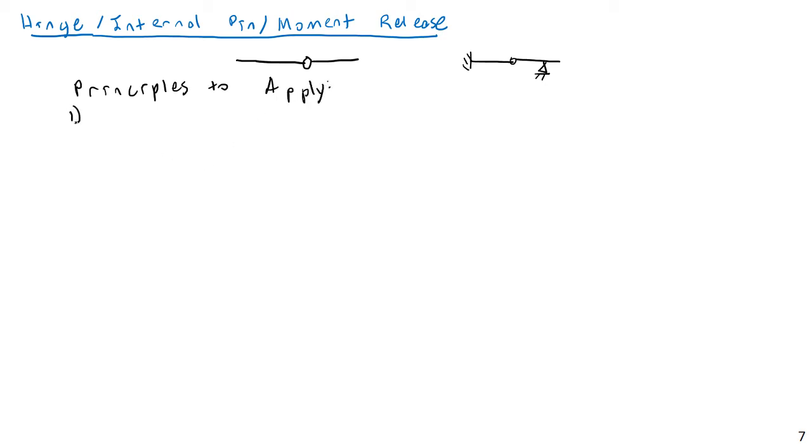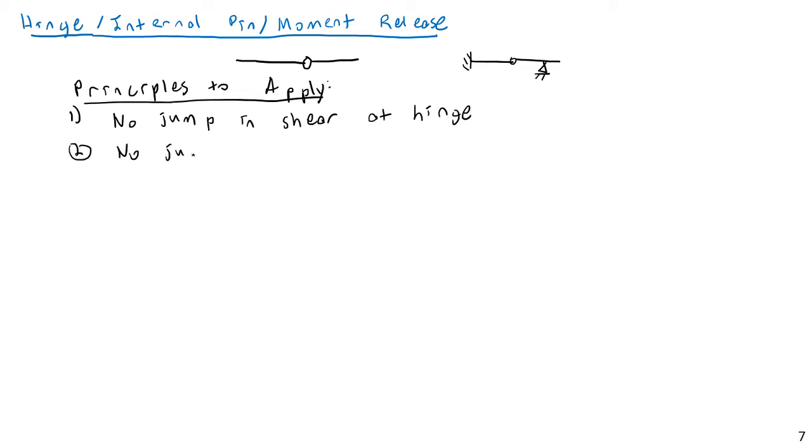One, there is no jump in the shear at the hinge, unless there is a point load on the hinge. We're talking about purely the hinge itself. Two, there is no jump in the moment. So in other words, the pin, by definition, is going to be able to transfer shear right through it.